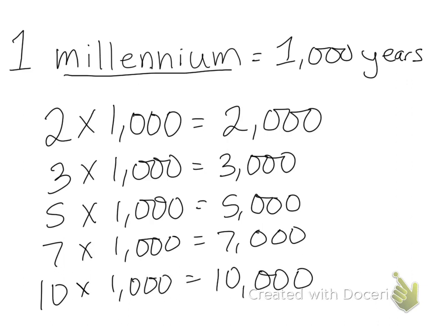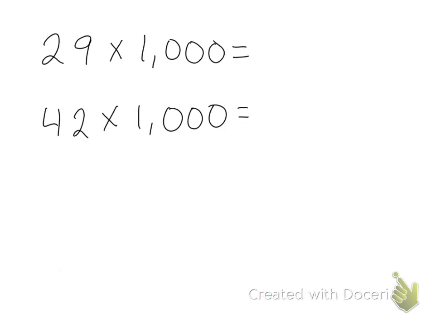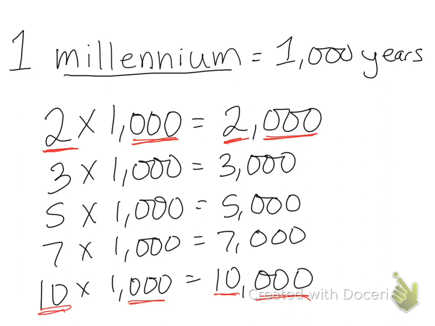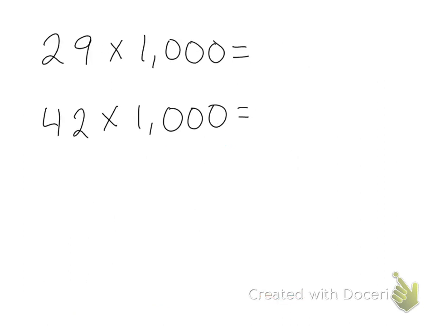Do you see the pattern here? Anytime we multiply by 1,000, my answer is always the number we multiply by with 3 zeros after it. Okay, 2 with 3 zeros. Same with 10, you have a 10 and then you have 3 zeros after it. Okay, so what is 29 times 1,000?